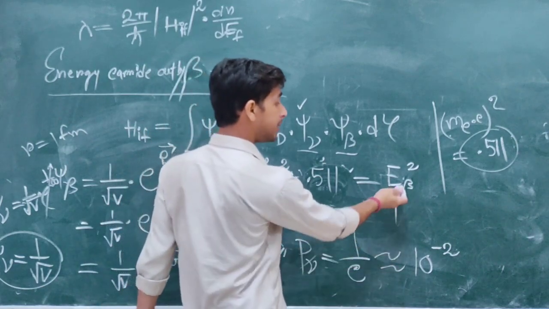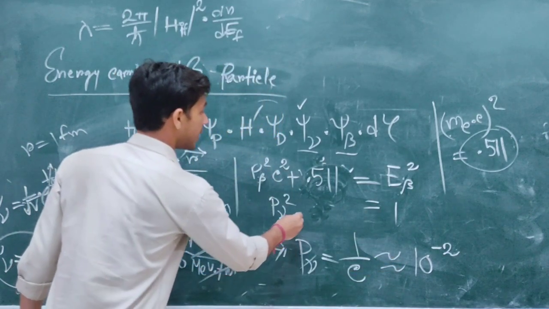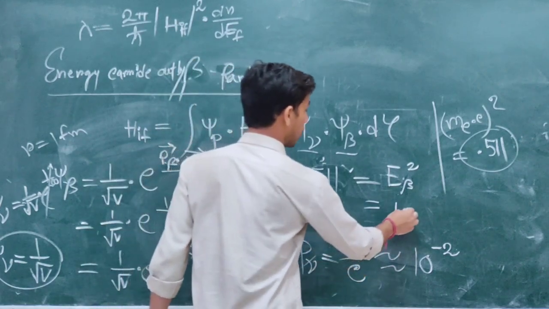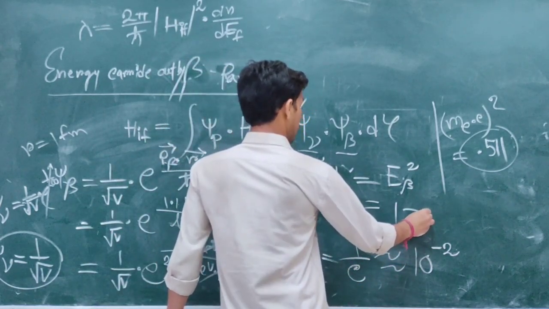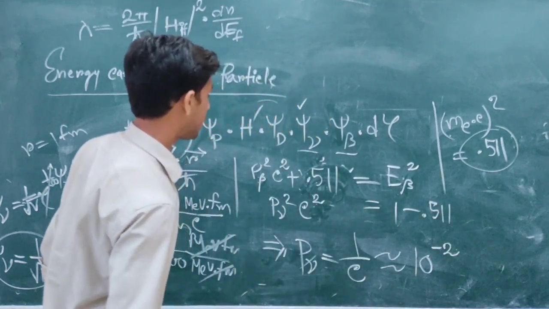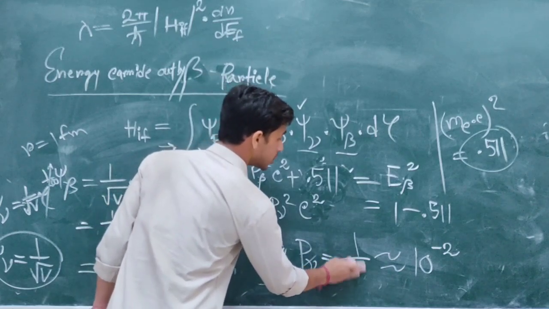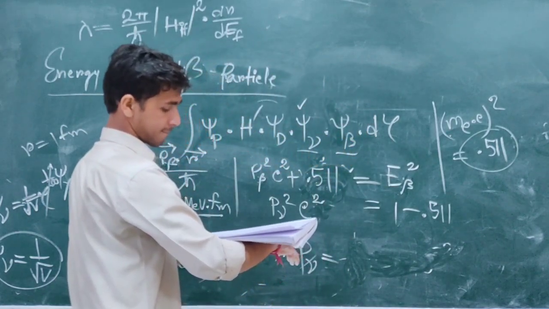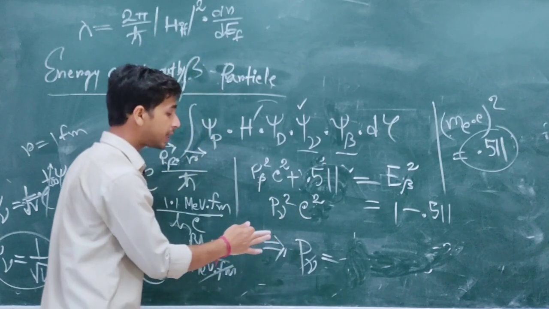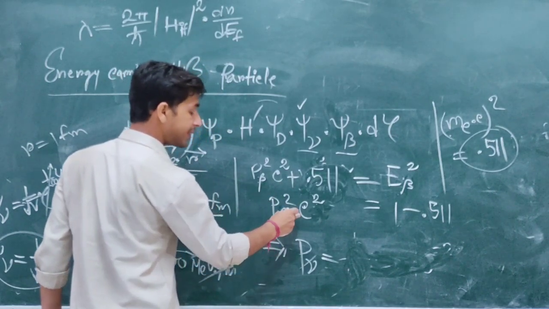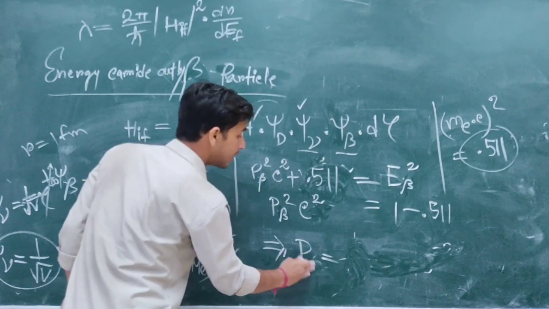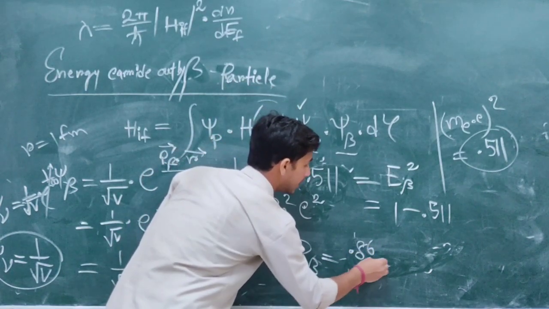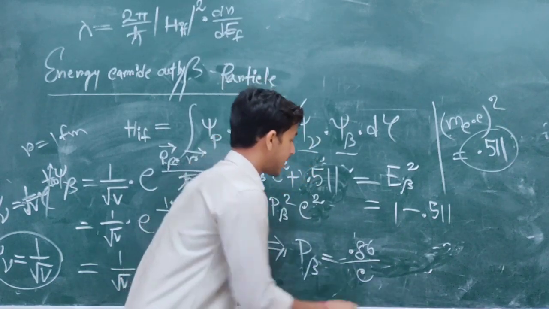And take the value of E_beta again 1, you will get P_beta squared C squared equals 1 minus 0.511 squared, and finally P_beta will be equal to, we are calculating momentum for beta particles, 0.86 divided by C mega electron volt.